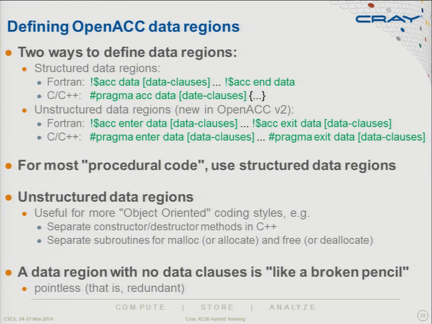If you just put a data region in and don't put any clauses about data movement, such as copy in, copy out, create, copy, the choices to specify how different arrays should move, the compiler will do nothing automatically. It's just too difficult for it to do it. It doesn't know what you want to do because this is spanning a huge amount of code. So if you just put it in with no data clauses, the code will run, but nothing will happen.